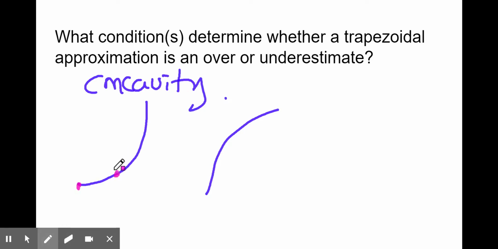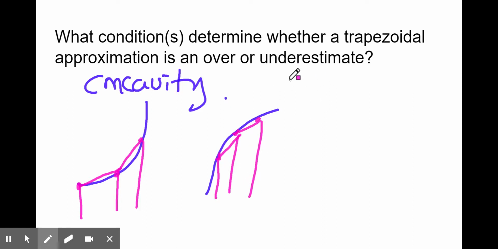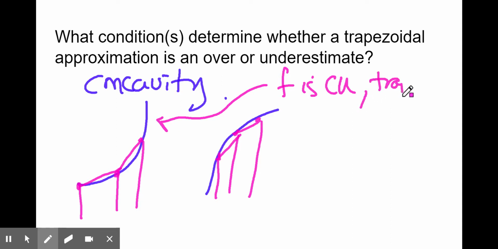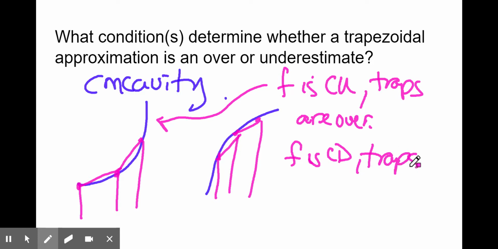So if I put a point here, draw across and down, then put a point here, draw across and down, compared to putting a point here, draw across and down, put a point here, across and down. F is concave up, that would be this picture here. F is concave up, the traps are over. If F is concave down, the traps are under.